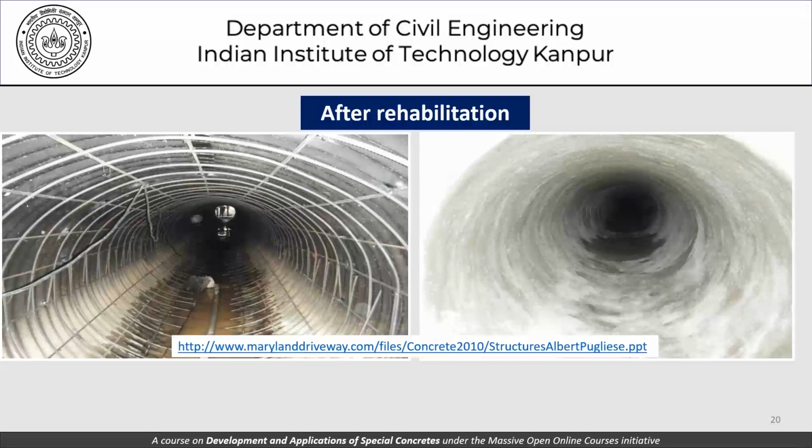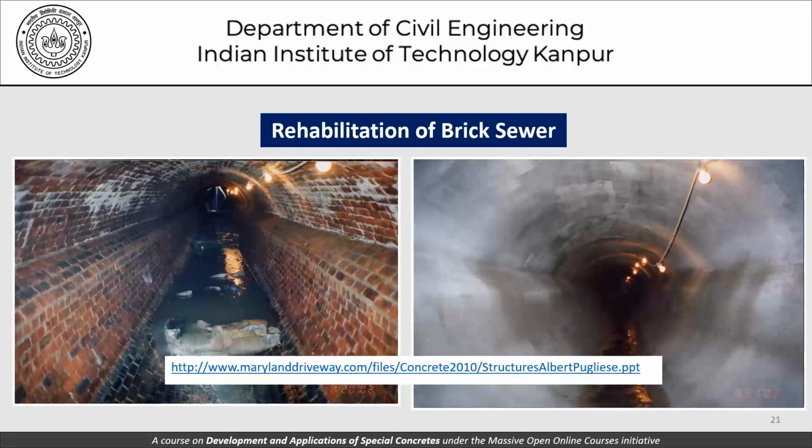We've lost some diameter, but we have saved or we have recreated the pipe in a different form. This picture here is rehabilitation of a brick sewer lining. So you can see the deteriorated brick sewer here rehabilitated into a sewer line, which is something like this. Again, loss of cross section, yes, but a renewed sewer line, rehabilitated sewer line.